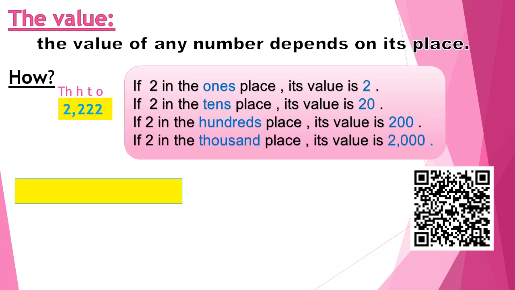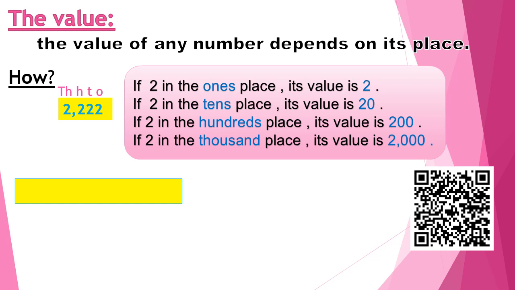Value tells me how many zeros I will put to this number to know its value. So in ones place, 2 is 2. The second 2, in tens place, its value is 20. I will put 1 zero because it's in tens.